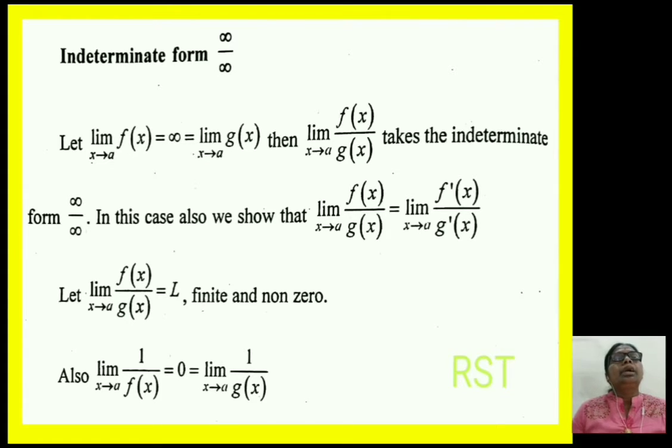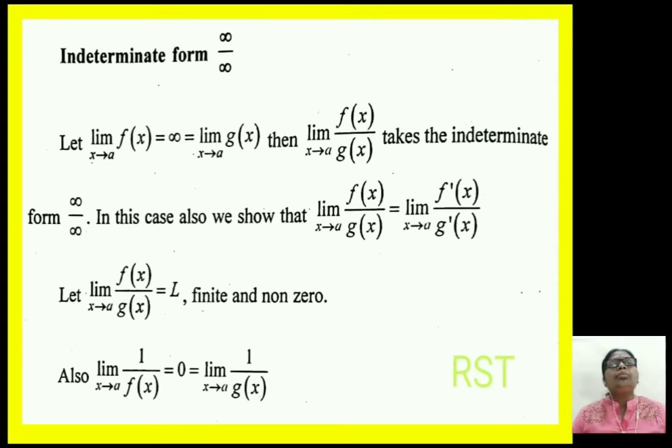Then limit of f(x) upon g(x) as x tends to a takes the indeterminate form infinity upon infinity. In this case also we show that limit of f(x) upon g(x) as x tends to a equal to limit of f dash x upon g dash x as x tends to a.